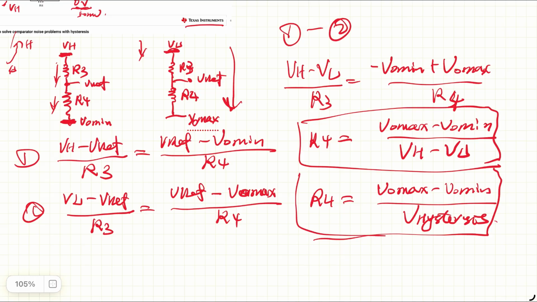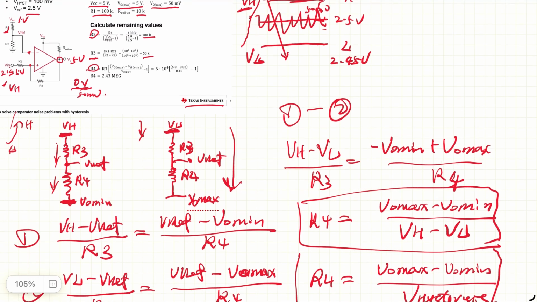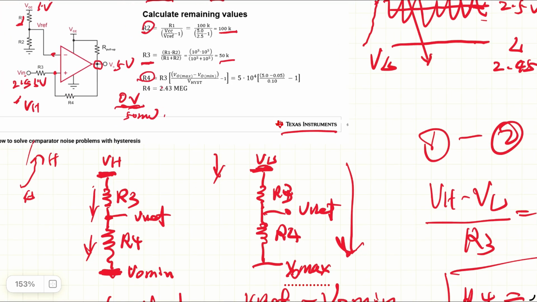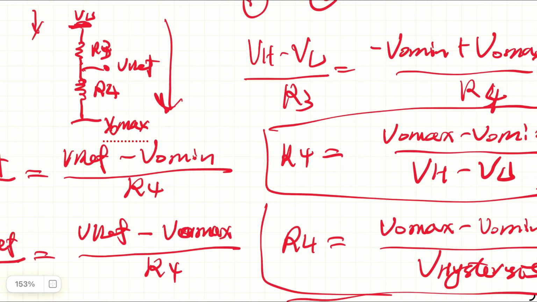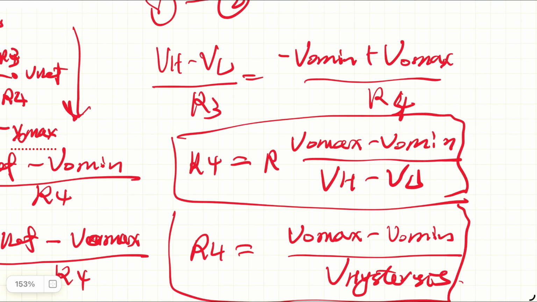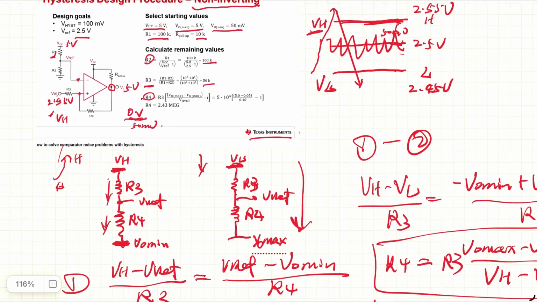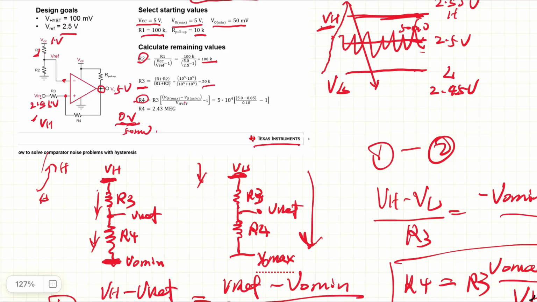Now we look back at this equation here. Did I miss R3 here? Yes, it should multiply R3. So R4 is R3 times V out max minus V out min divided by V hysteresis minus 1.